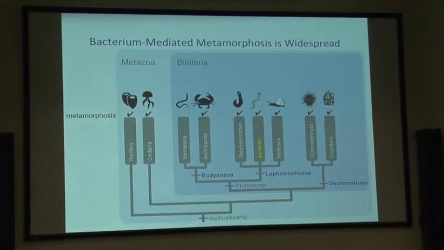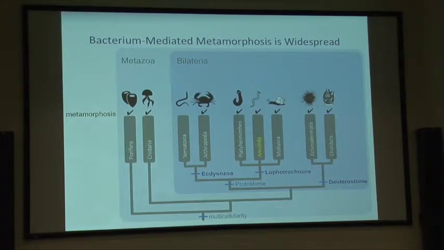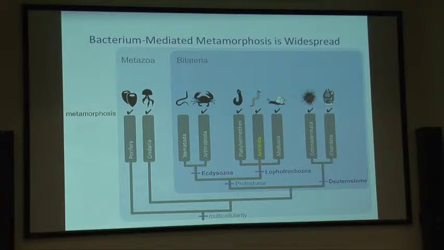And you can see that this spans the range of animals within the entire animal kingdom. What I've also done now is highlight those taxa in which there are species which are induced to metamorphose by bacteria. And you can see that this also spans the range of animal species.